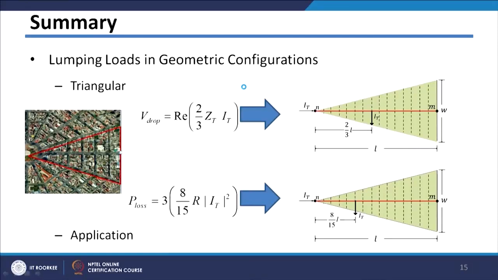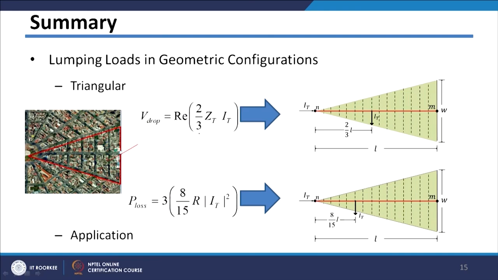So, in this particular chapter we have seen the geometrical configuration, which is triangular. If your area has a triangular kind of configuration, which I have shown in the right hand side figure, many times this kind of triangular configuration exists in your distribution system. In that case we have seen that we can lump the load at one location.